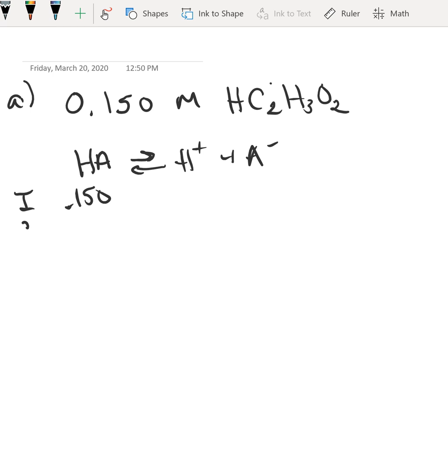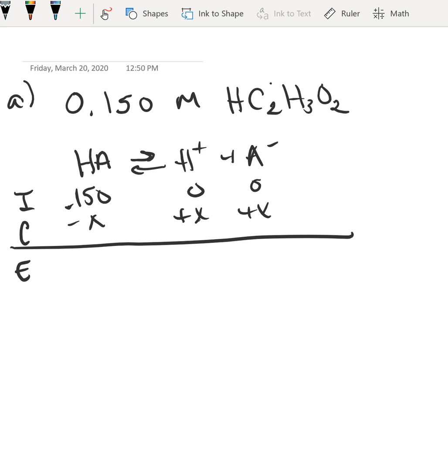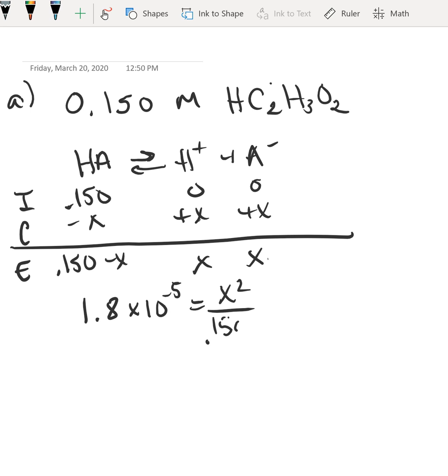And this is going to require an ice chart because for a weak acid, I don't know how much ionizes. And then I'd have to set this equal to Ka. So for acetic acid, that's 1.8 times 10 to the negative fifth. I'm going to assume X is really small.